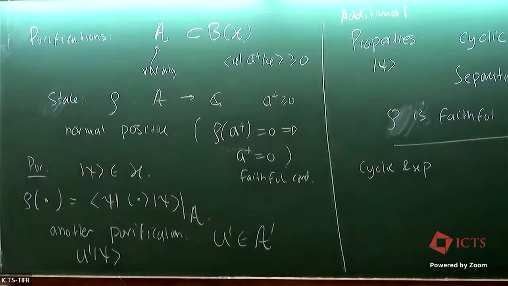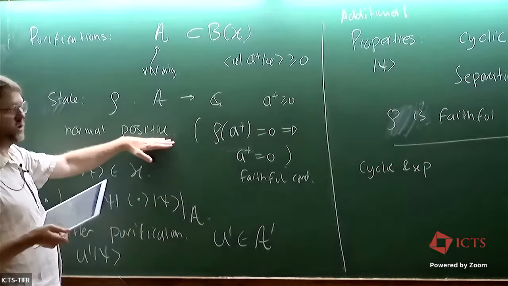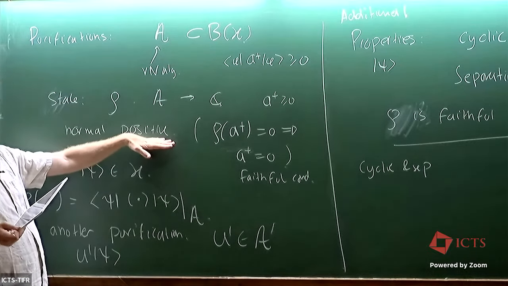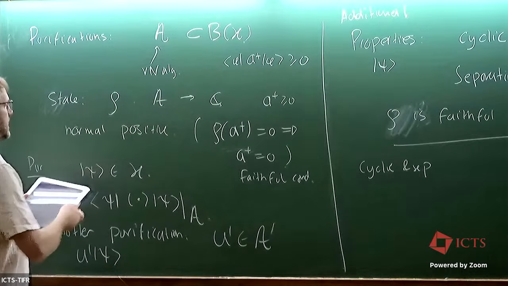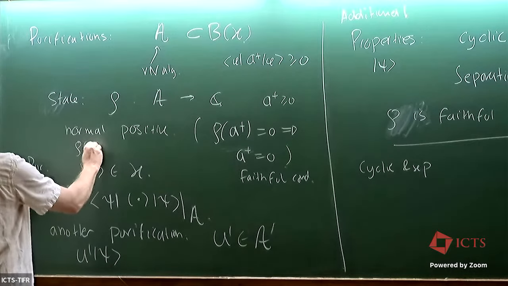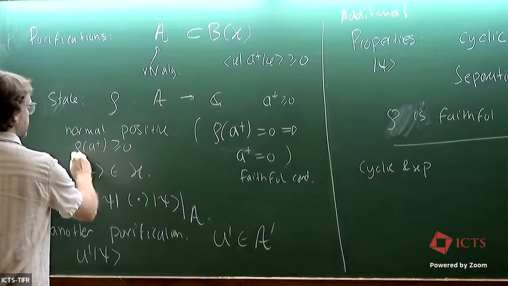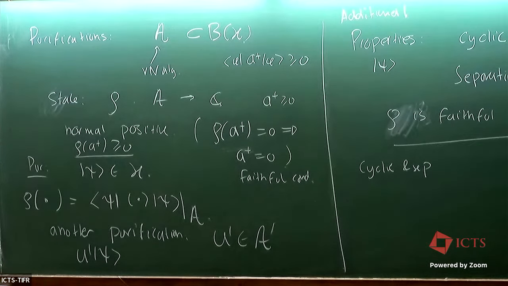Isn't the definition of rho a bit circular then? What do you mean circular? I didn't define positive here because I defined it last time. That's just the statement that if I feed in a positive operator, I get something positive. It need not have been positive.